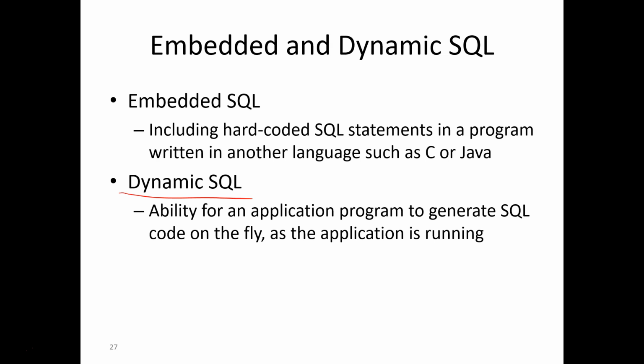For example, when you shop on Amazon and search for a textbook, the Amazon website would return a list of books that meet your search criteria from the database. So those pages are dynamically generated by the application program, as Amazon would have no idea beforehand what you were going to search for. Right? The SQL statements executed in those cases are generated on the fly based on your user input.